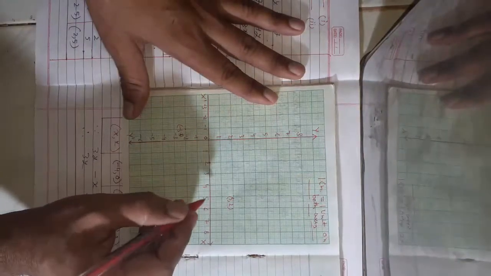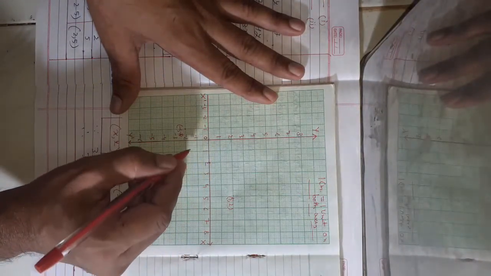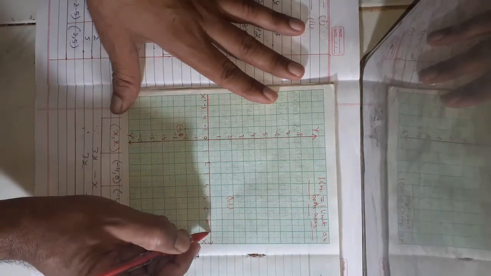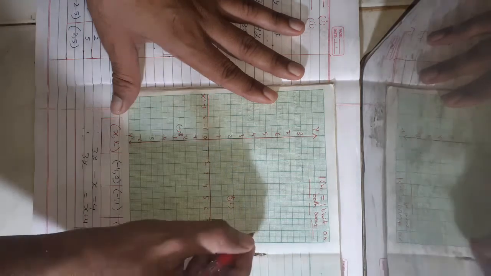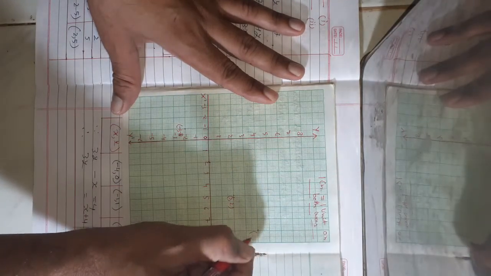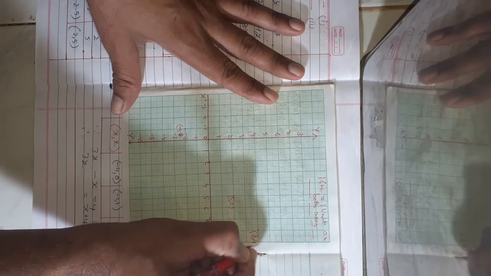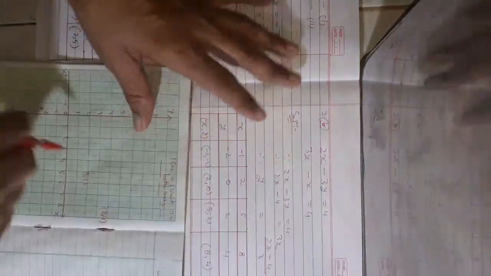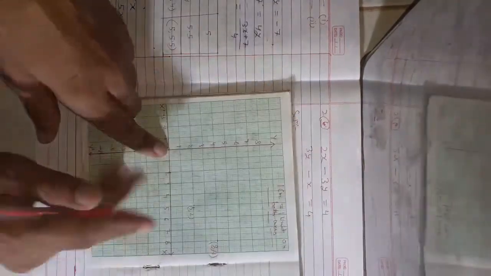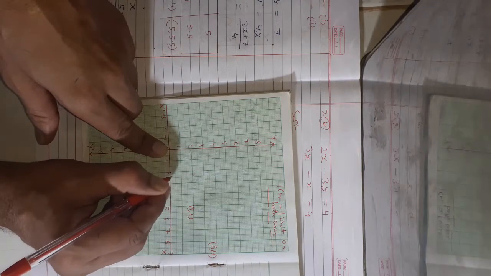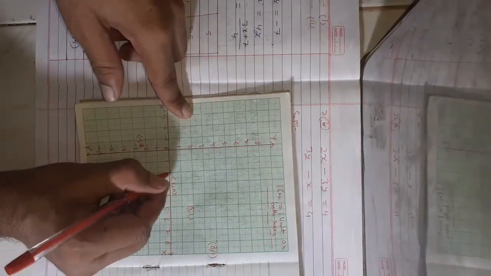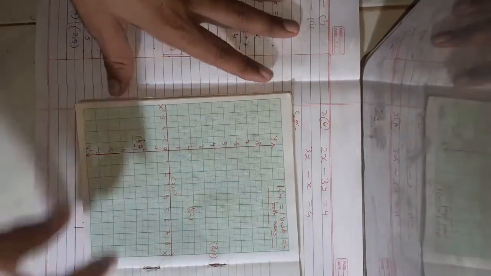And next 8 4, what is that? 8 4, so 1 2 3 4 5 6 7 8, 4 1 2 3 4, so here is this point, 8 comma 4. Then 5 2, 2 0, this point is 2 comma 0. Okay, so this point is here and minus 1 minus 2.